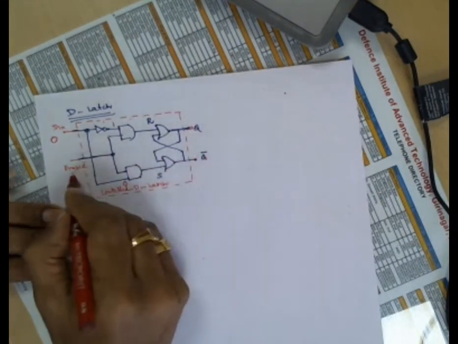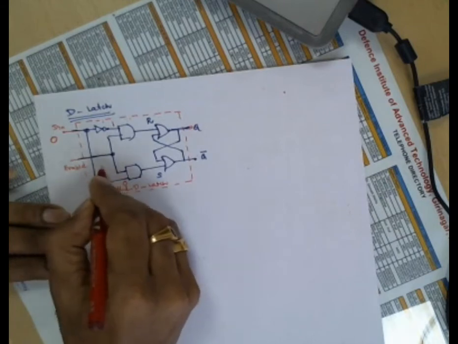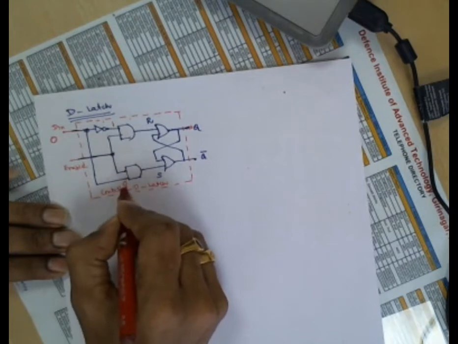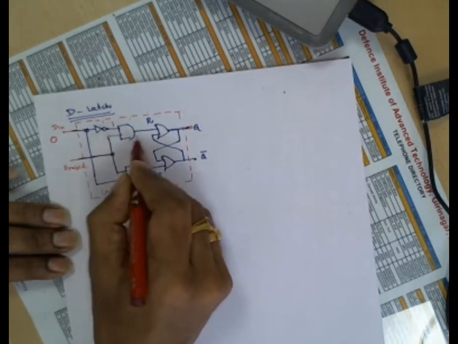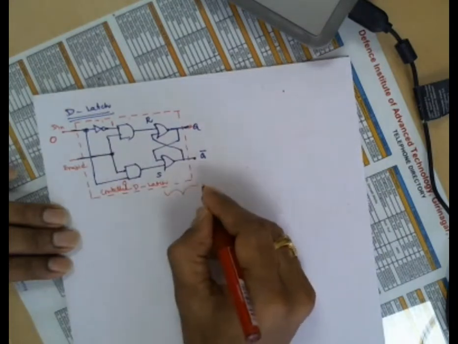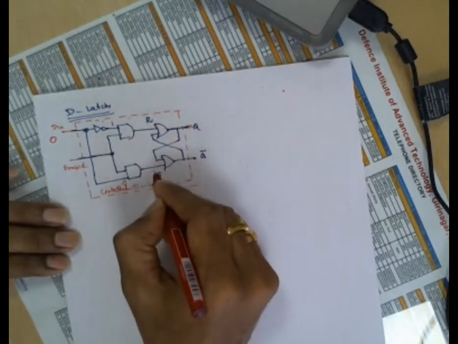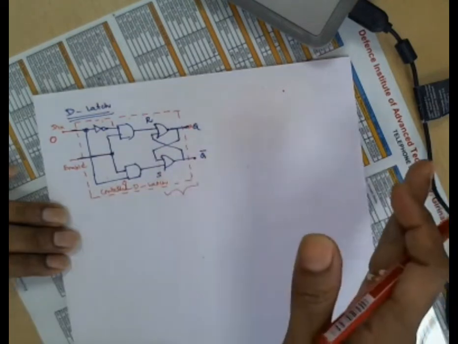Now, suppose I'm making enable equal to 1. Then 1 will come here, 1 will come here. Therefore, 1 into 0 becomes a 0, and 1 into 1, 1 will come here. So suddenly, this circuit changes the transition in its inputs. That means 1 is here, 0 is here. 1 here, 0 here means the circuit will go to the reset state.